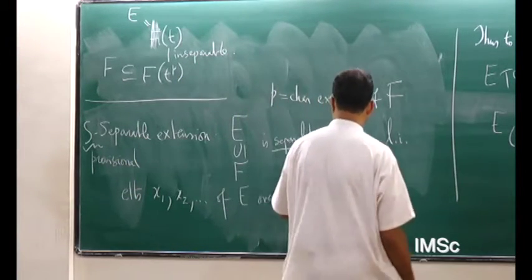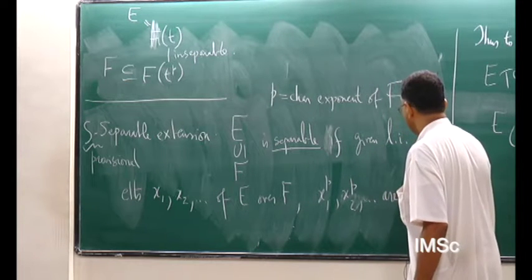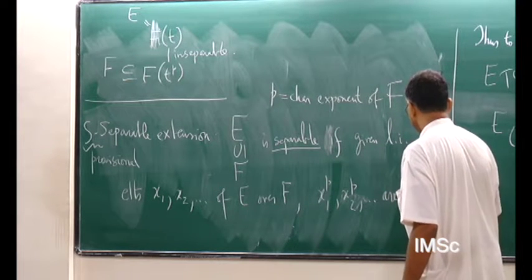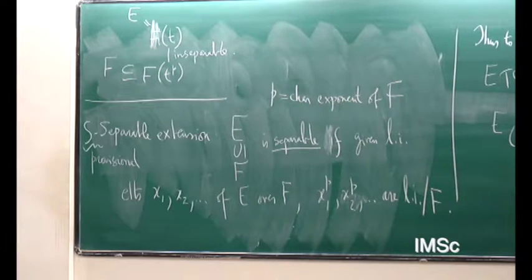These are linearly independent over F. So if I take a bunch of elements which are linearly independent over F, raise them to the power p, they continue to be linearly independent. This is the notion of separable. In this case, you call it separable.